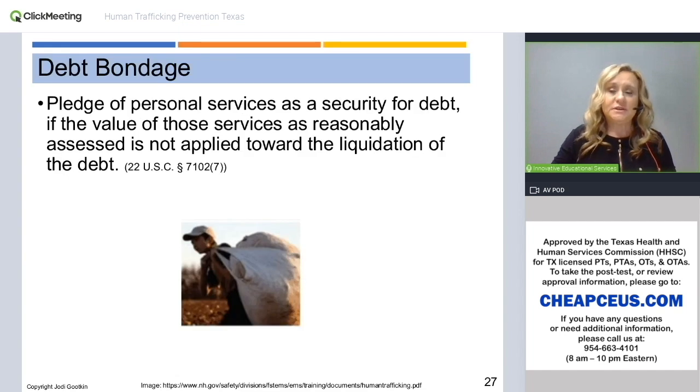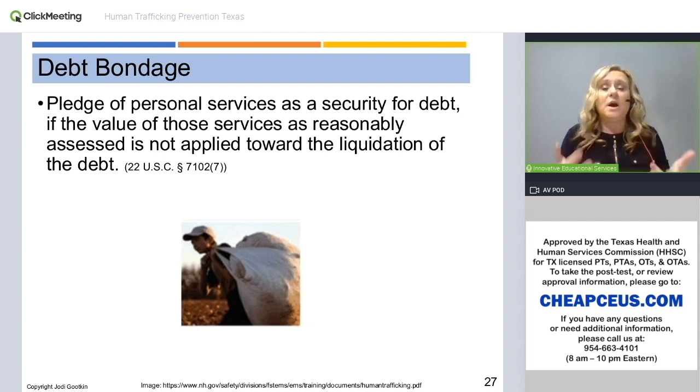Debt bondage is a little bit different. This occurs where an individual is charged a fee for whatever opportunity they're being given, and the trafficker continues to increase that fee, or because they're housing them and keeping them in the same location where they're working or experiencing that sexual exploitation.